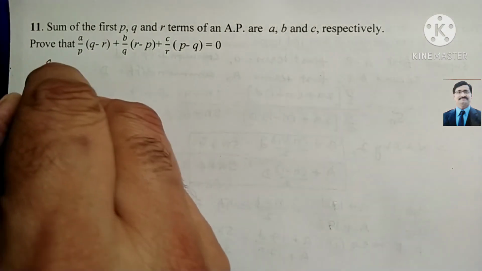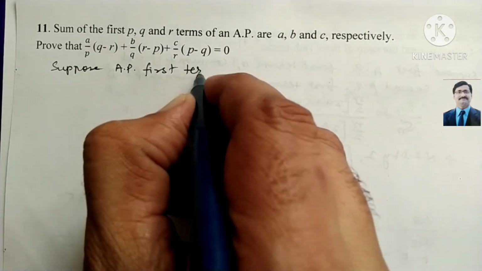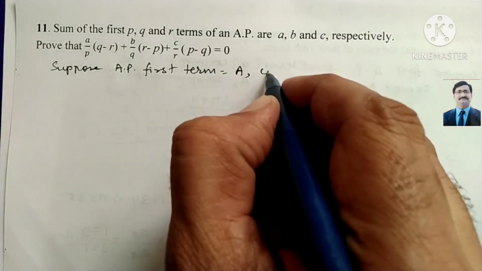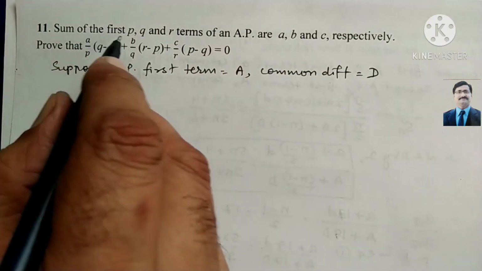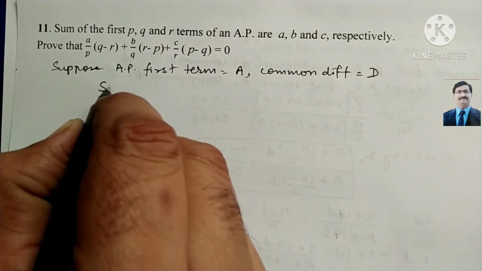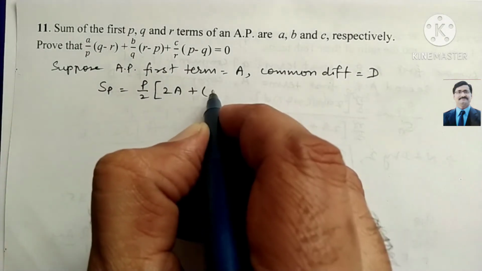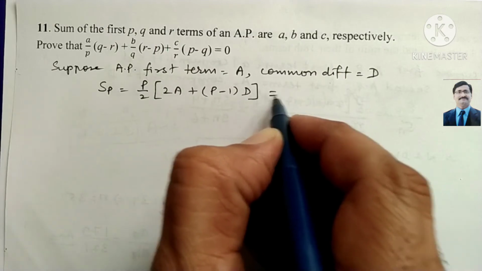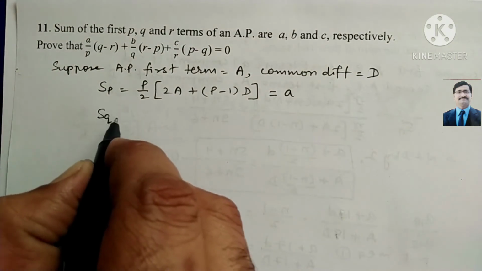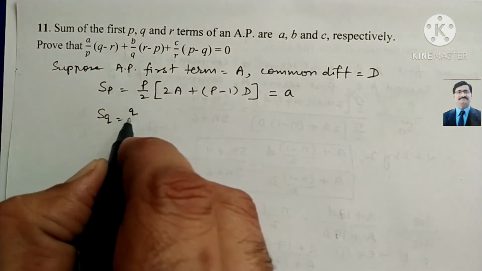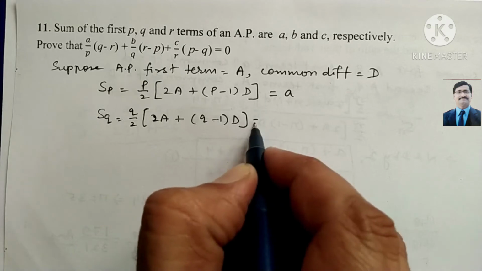So look here, we will suppose the AP has first term capital A and common difference capital D. Now the sum of p terms is p/2 (2A plus (p minus 1)D), and this is equal to a. The sum of q terms is q/2 (2A plus (q minus 1)D), this is equal to b.